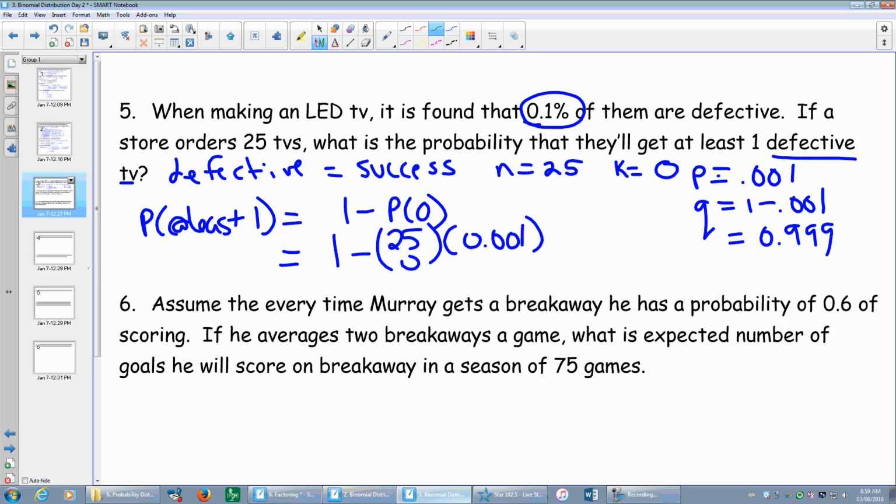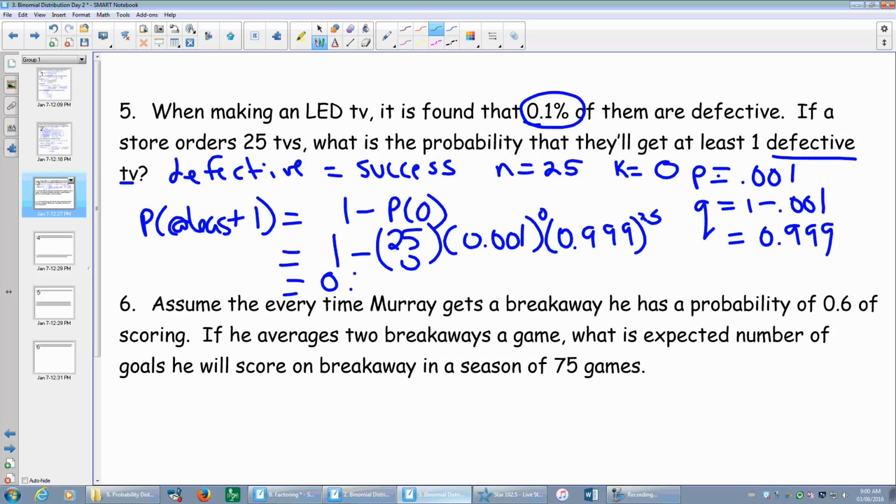To the exponent, your k value. Good. Johnny, what do I get for the answer for this?